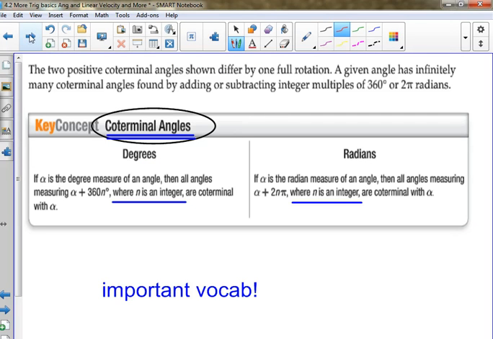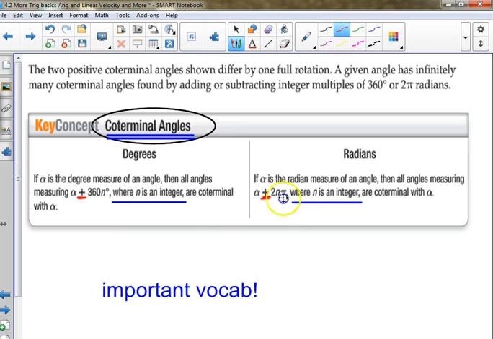All right, we're going to revisit coterminal, that word, one more time, because these two questions below ask for all answers. So we're going to leave things in terms of a variable. Remember, I said I always put plus or minus right here just to remind myself I can go either way. As long as n is any integer, it could be a negative number, so you don't have to put that plus or minus. You can just put plus.